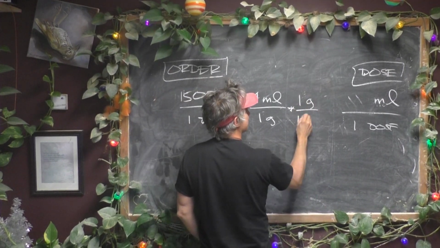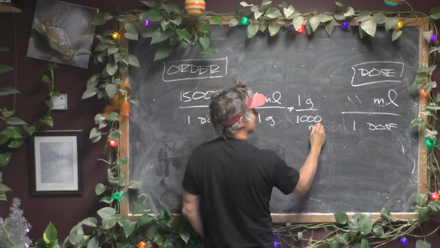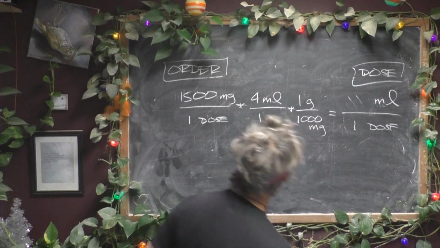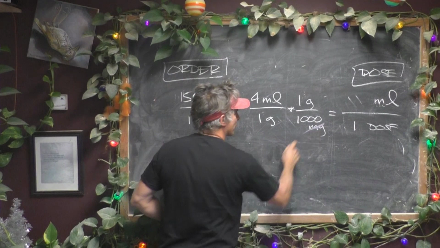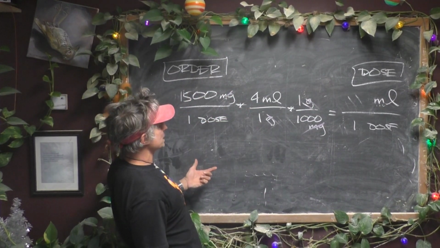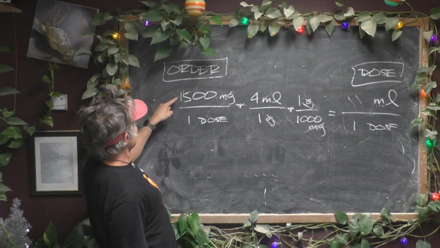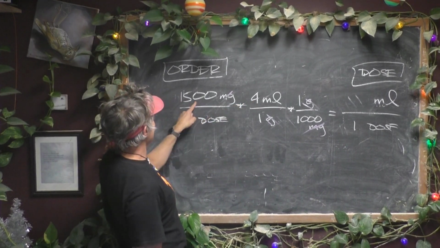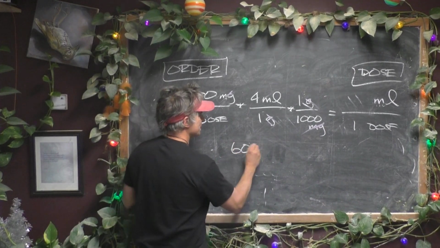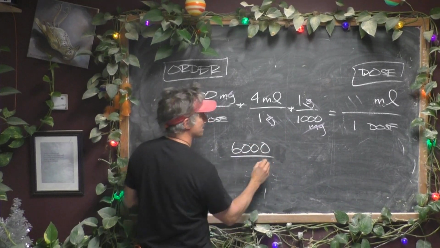And then we can do the old school metric conversion. 1 gram is 1,000 milligrams. And now all the units are going to check out. Milligrams divides off over here. Grams divides off over here. We're left with just milliliters. This is awesome. So you end up with 4 times 1,500, which is again 6,000. It's a different 6,000 than before, but it's the same number.